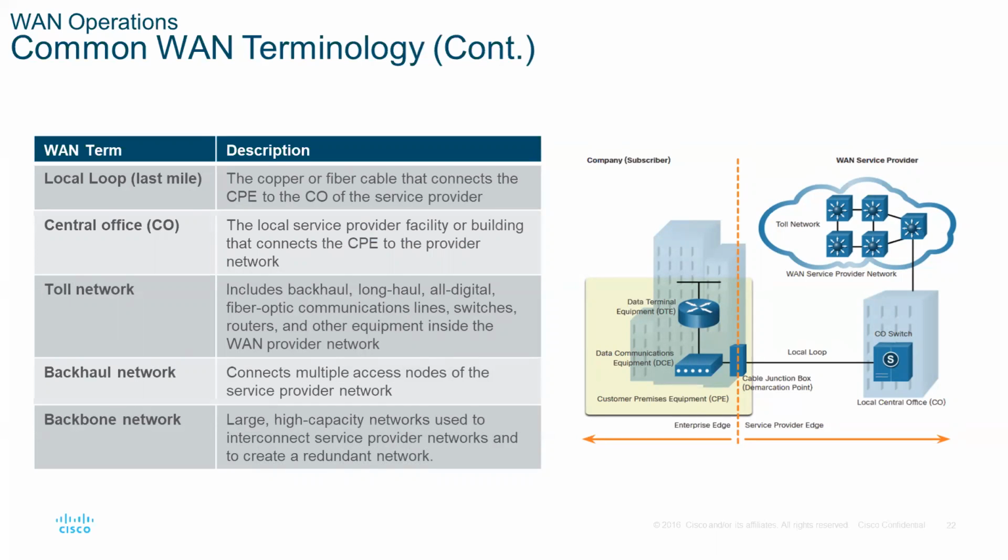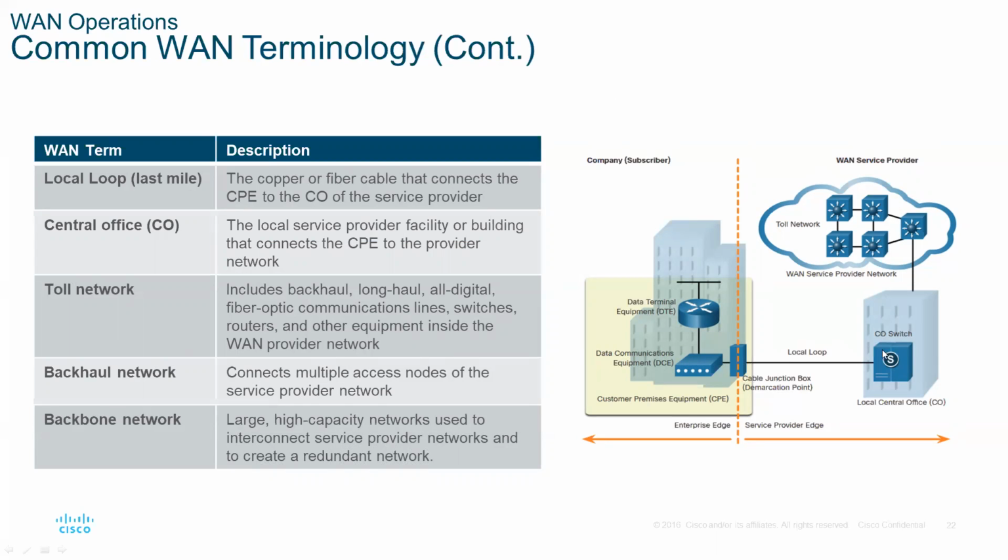Now, the other thing we need to talk about is terminology. The local loop, known as the last mile in some texts, is the cable between your termination point and the branch of your service provider.